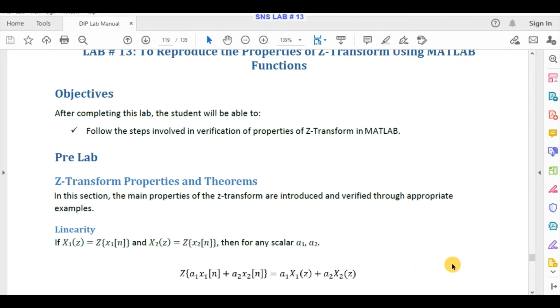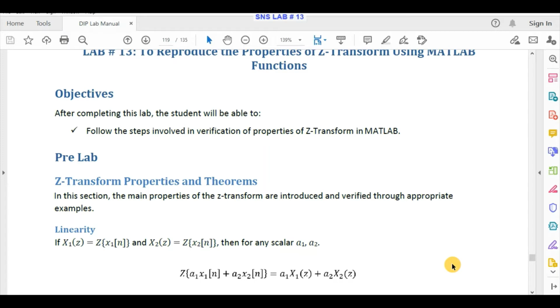So the process is simple. First of all, we need to define the signals x1 and x2, and we can assume any two scalar quantities for a1 and a2. We will write a function to compute the right side and left side.